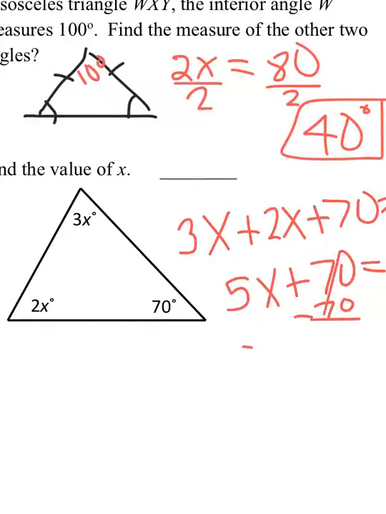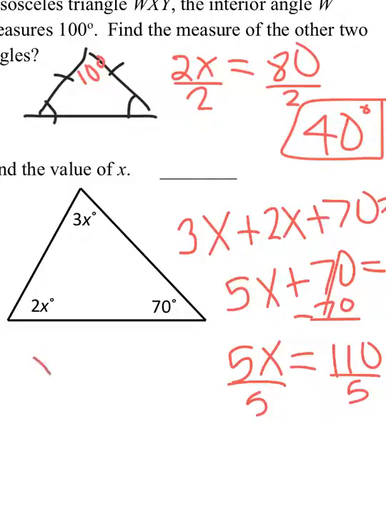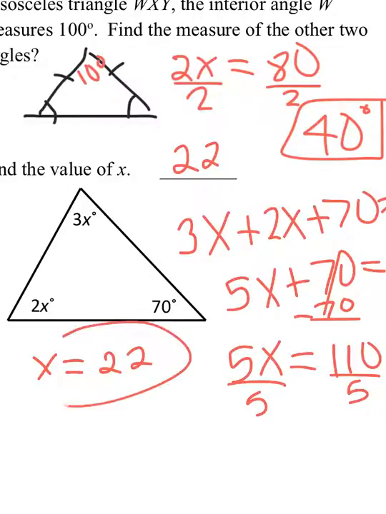So minus 70 minus 70, 5x equals 110. Divide by 5. X equals 22. Heck yeah, they could. All right.